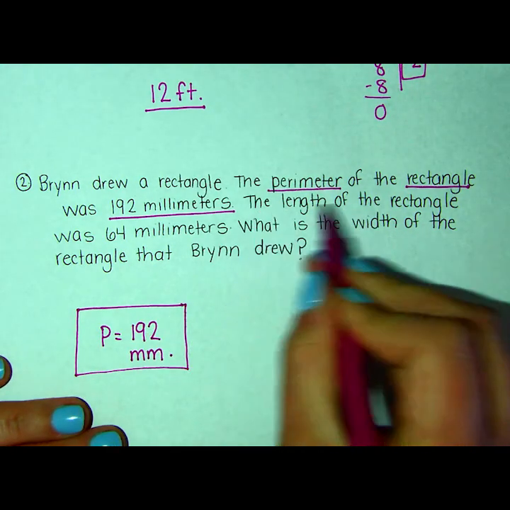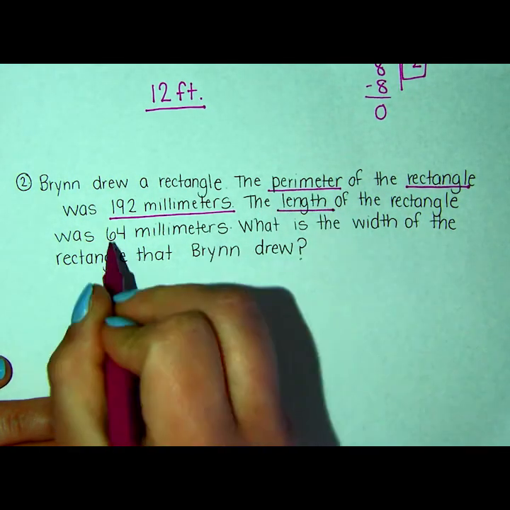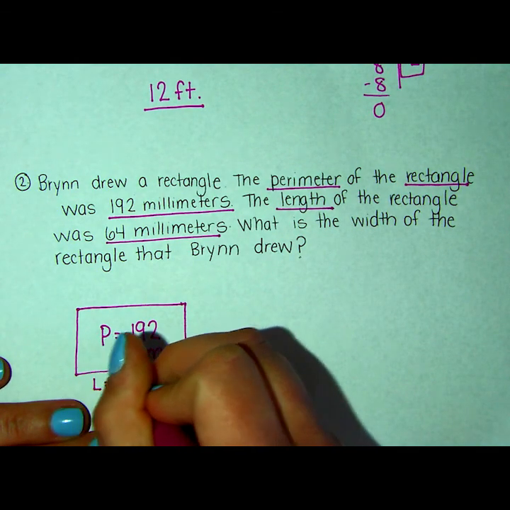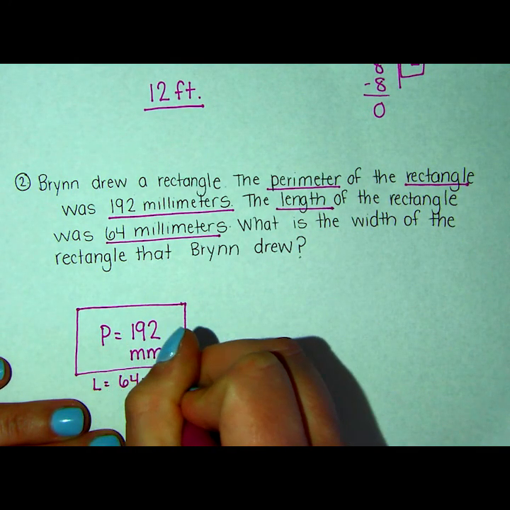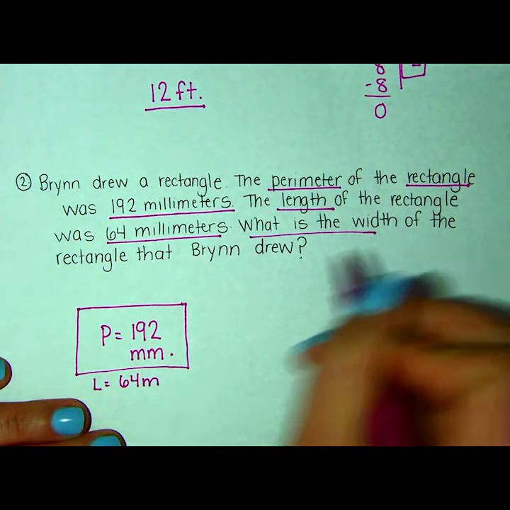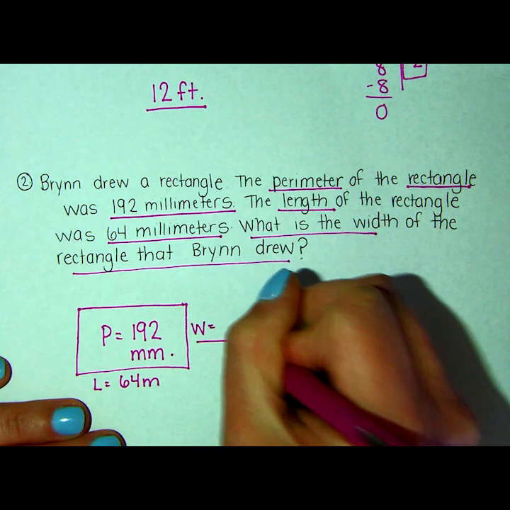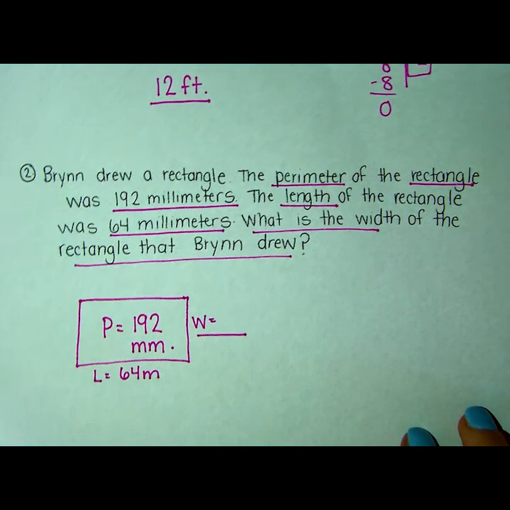The length of the rectangle was 64 millimeters. So length is equal to 64 millimeters. What is the width of the rectangle that Bryn drew? So that's the unknown. That's the part that I have to solve.